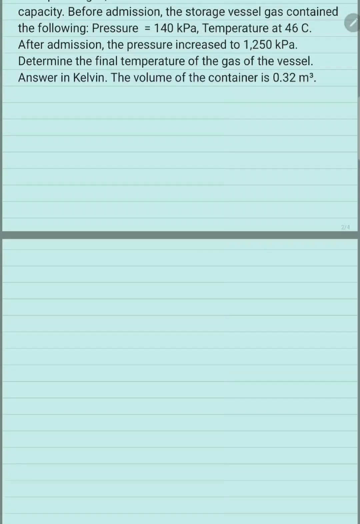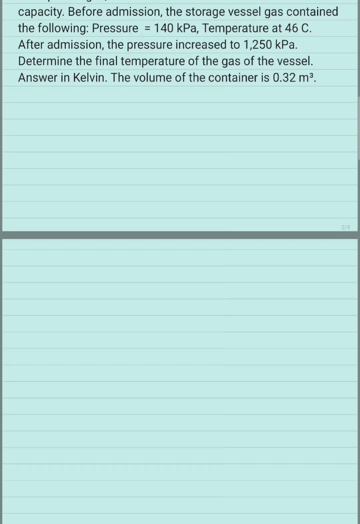Let me read. A specific gas, 110 kilopascal and 23 degrees Celsius, so that's its pressure and temperature, has a volume of 3.1 cubic meter capacity. So before admission, the storage vessel gas contained the following.